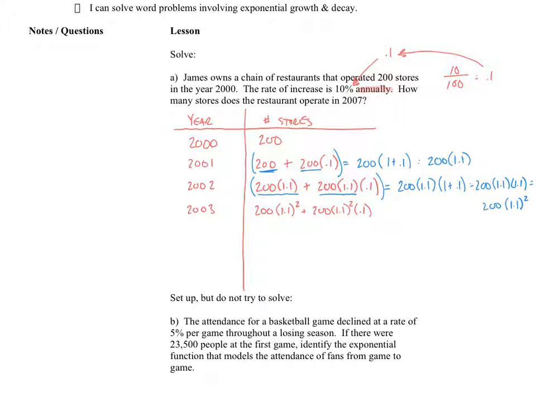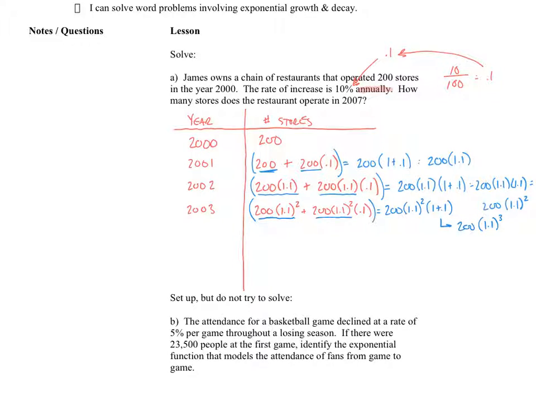Here's your 10% being added in the year 2003. If I factor this by grouping, I'll recognize that I have a 200 times 1.1 squared in each of these. So I'll have 200 times 1.1 squared, and then I'll have a 1 plus 0.1 left over, which is going to become 200 times 1.1 cubed.